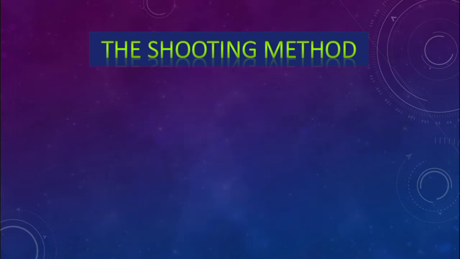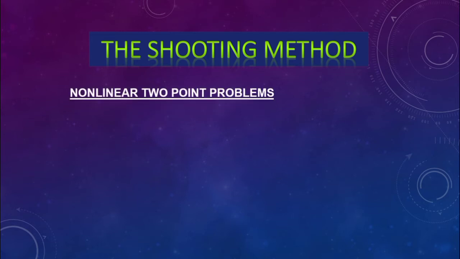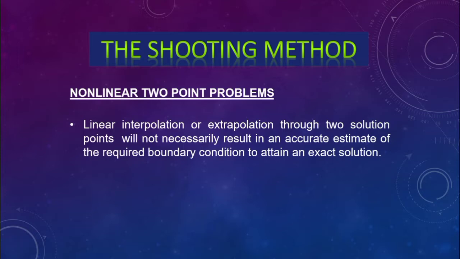So the next one is non-linear two-point problems. Linear interpolation or extrapolation through two solution points will not necessarily result in an accurate estimate of the required boundary condition to attain an exact solution.